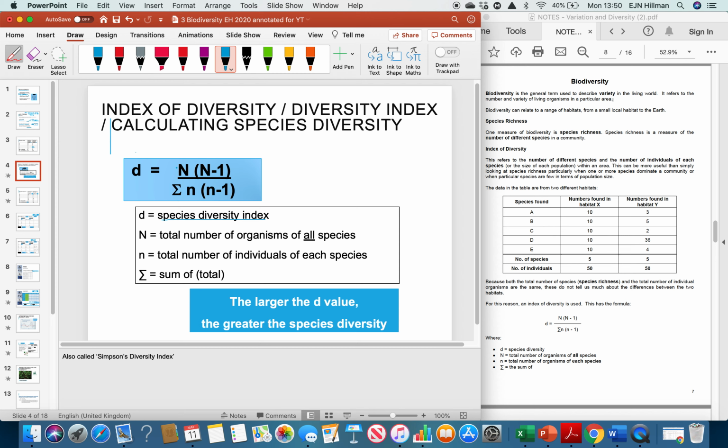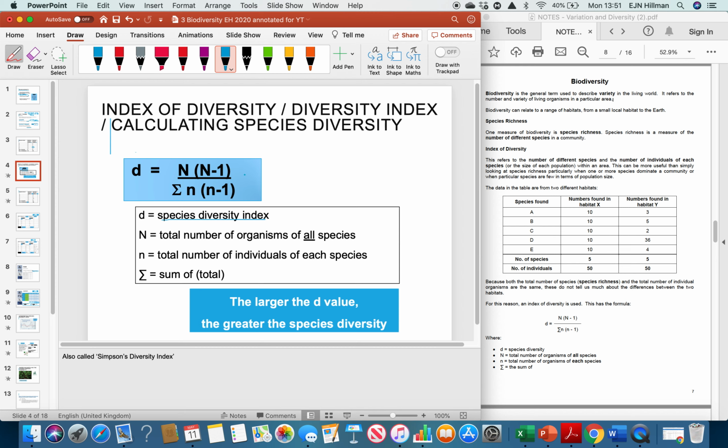Okay, on the top here, we have capital N, which is the total number of organisms of all species, multiplied by N minus 1.